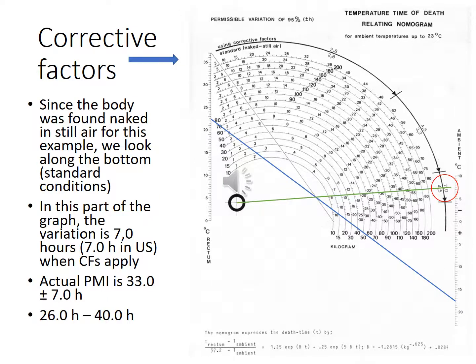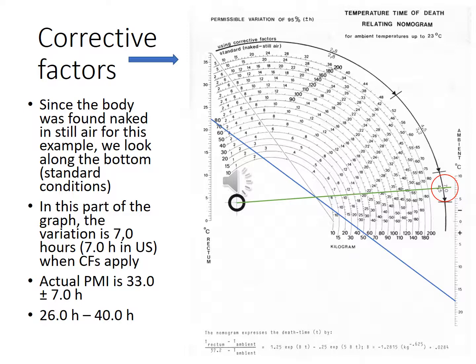Okay, so now that we know that we have to add and subtract that 7.0 hours, again, an acceptable PMI would be 33.0 plus or minus 7.0 hours. But if we really want a good feel for that range, we go ahead and subtract the 7.0 hours and then add 7.0 hours to that original value of 33.0, and we end up with a range of times from as little as 26.0 hours elapsing since the time of death up to as much as 40.0 hours elapsing since this victim passed.